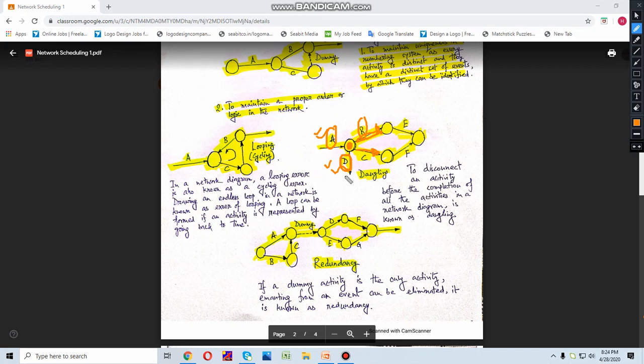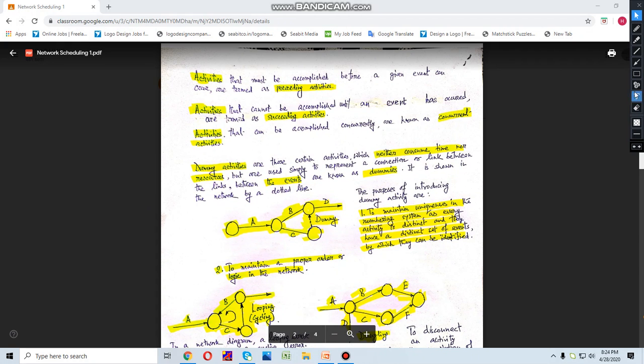A and D are the preceding activities of B and C, and B and C are the succeeding activities of A and D. I hope this is clear.